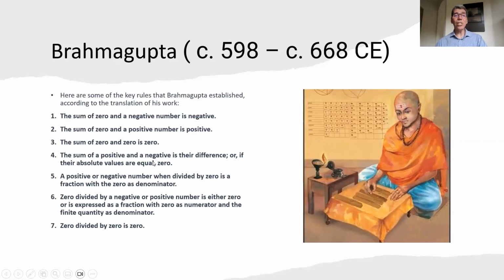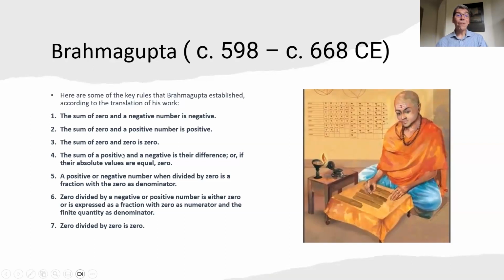The sum of a positive and a negative is their difference. That is an interesting concept. For us, this seems obvious, we have been doing this all along. But this is something Brahmagupta invented. Before, no one knew how to deal with negative numbers.